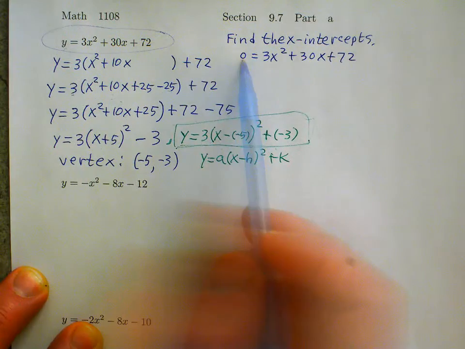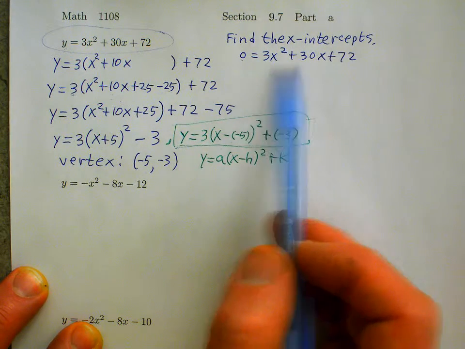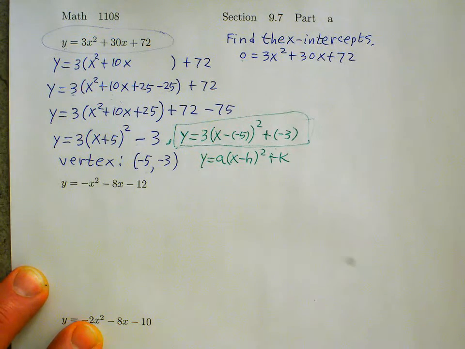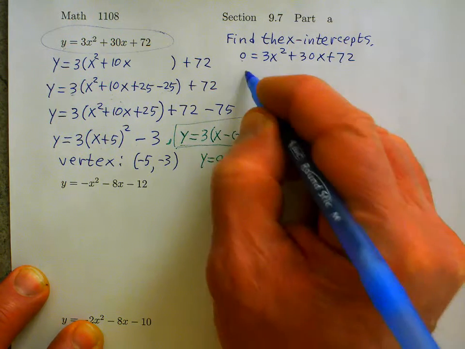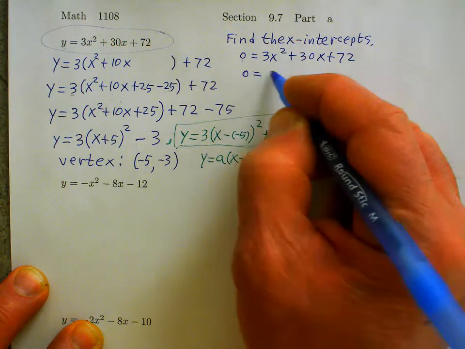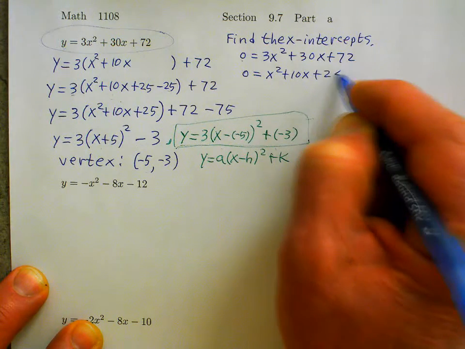But if you replace y with a number, then you can just follow the ordinary rules for solving equations. So we'll divide every term on both sides by 3, and we get 0 equals x squared plus 10x plus 24.